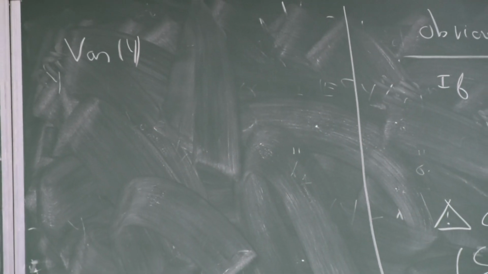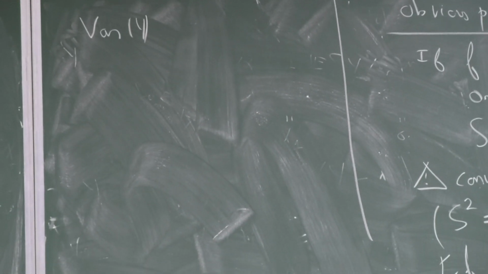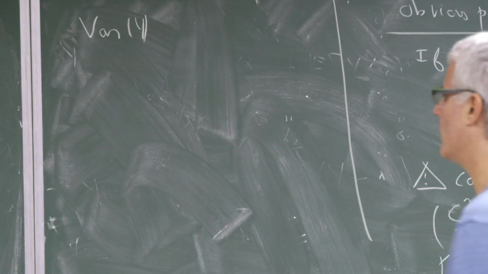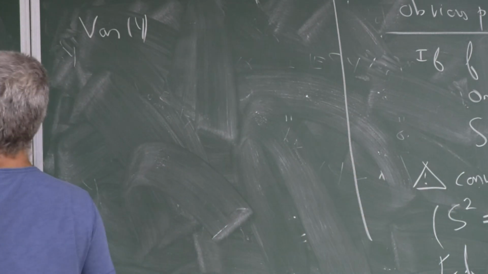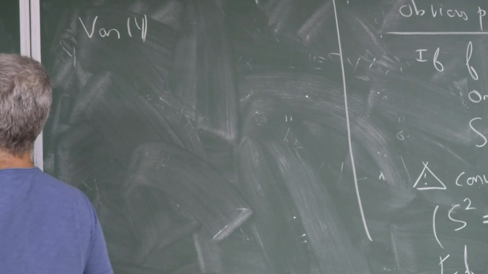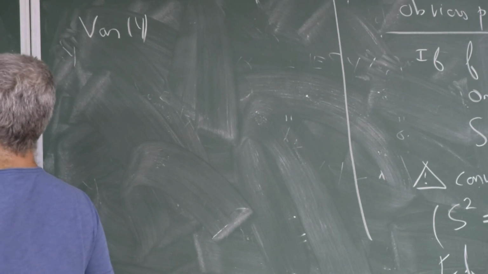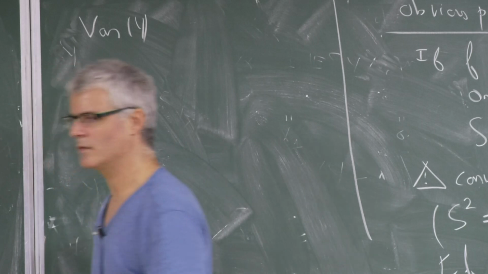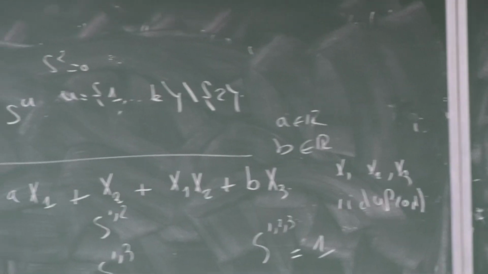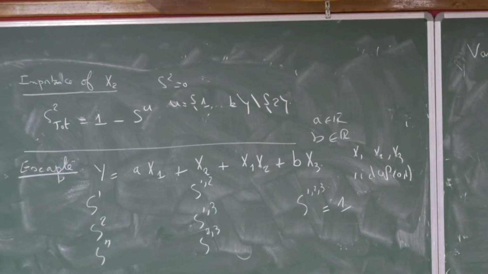So who can tell me what is the variance of y in this example? A, B are some parameters. What is the variance of y here?